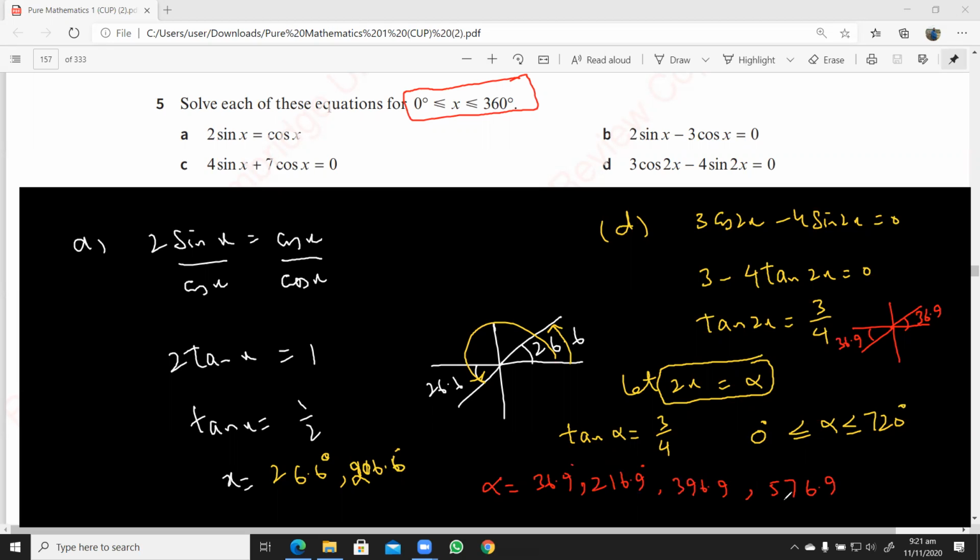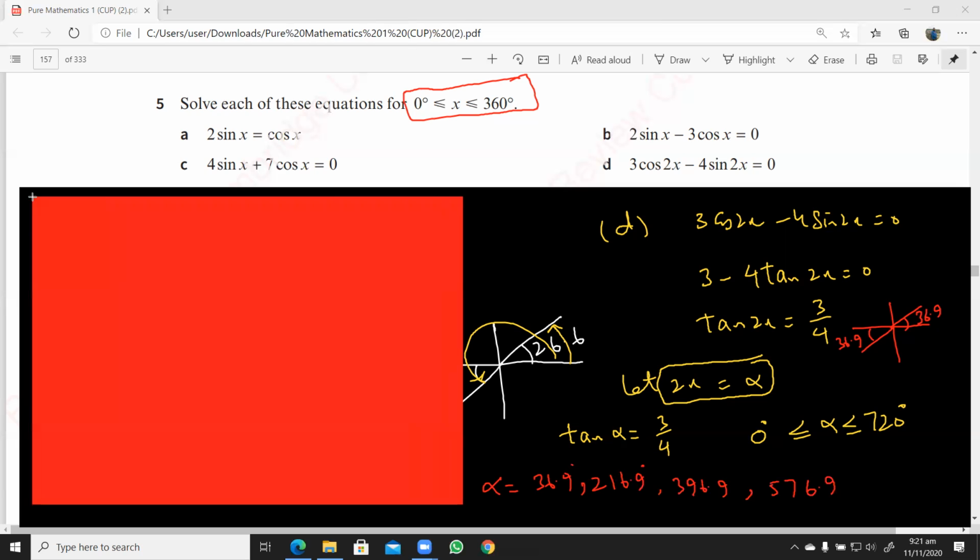So what would be the values of x? You will have to halve all these values, since x has to be half of alpha. Please tell me what do we get?